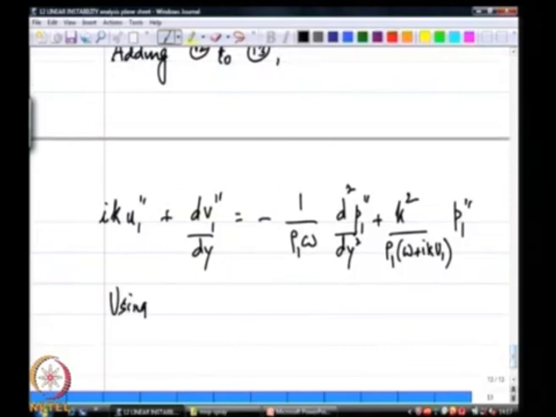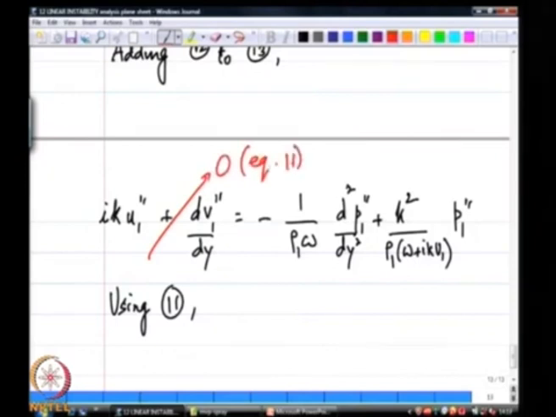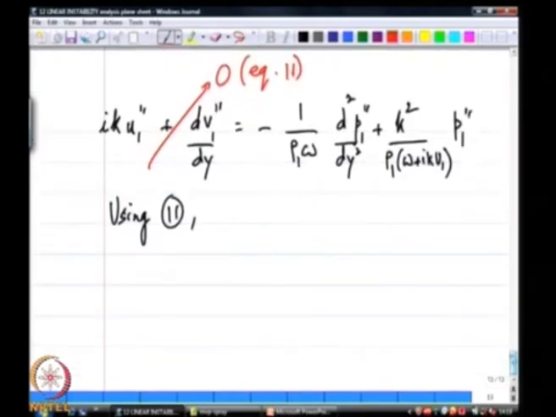Now, using 11, you will find that this right hand side is 0 because of equation 11. What we have, I will write this in a slightly different way, but still recognizable.